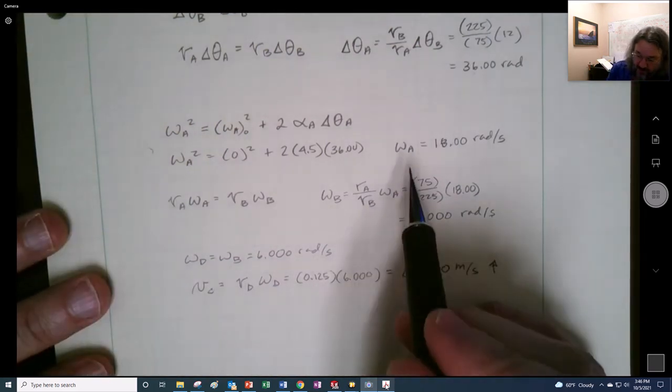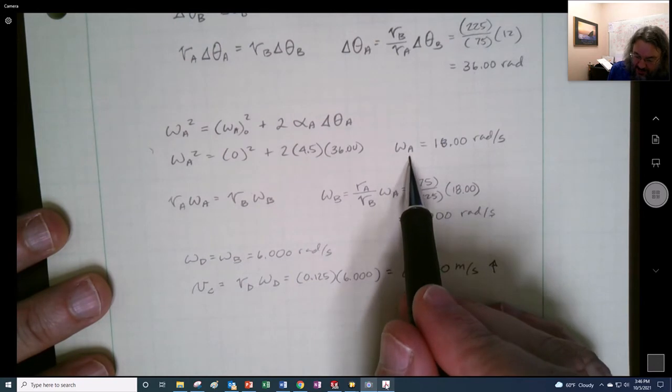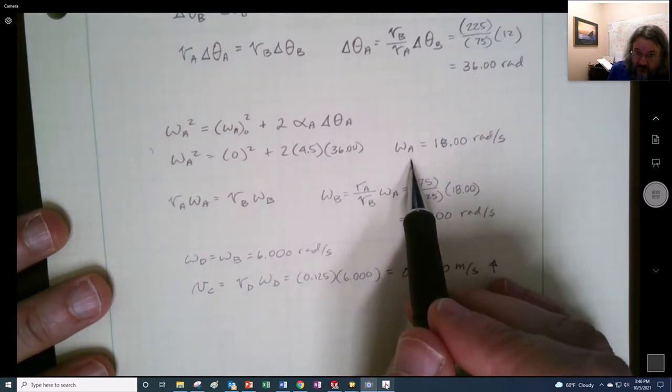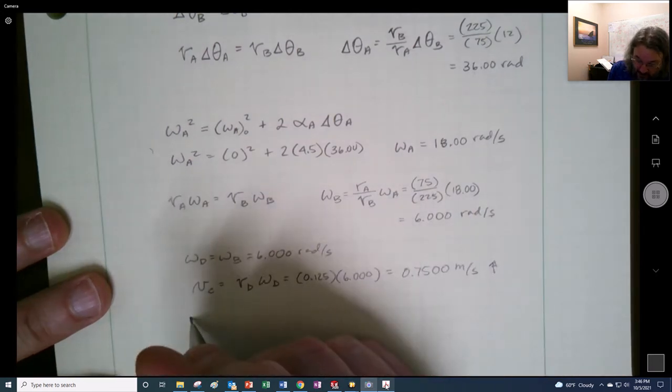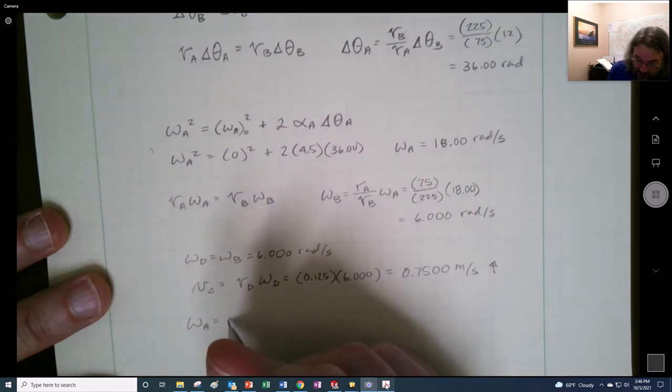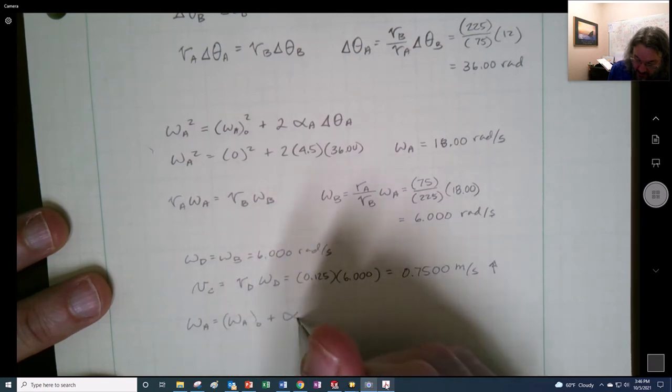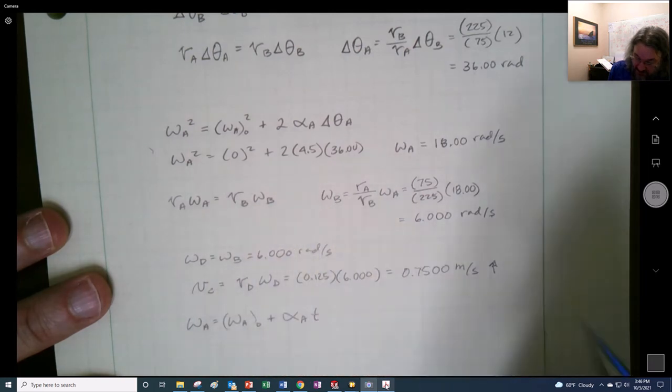You know what, I think, because we have omega A and we have the angular acceleration of A, this is the one that I would use: omega A is equal to omega A at the beginning plus alpha A times t.